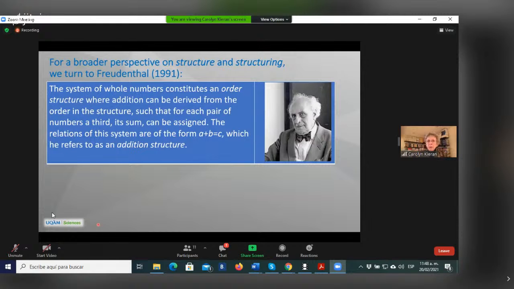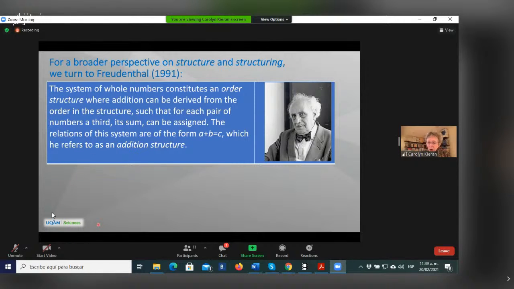However, we wish to take a broader perspective on structure and structurings, and to do so, we turn to Freudenthal, who has said that the system of whole numbers constitutes an order structure where addition can be derived from the order in the structure, such that for each pair of numbers, a third, its sum, can be assigned. The relations of this system are of the form A plus B equals C, which he refers to as an addition structure.